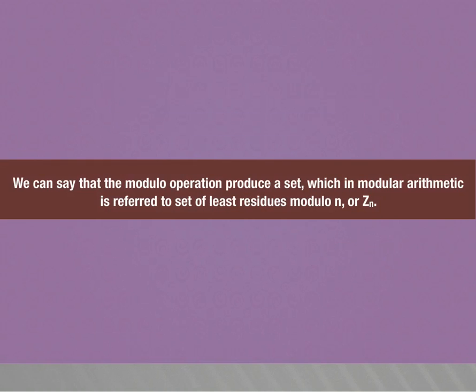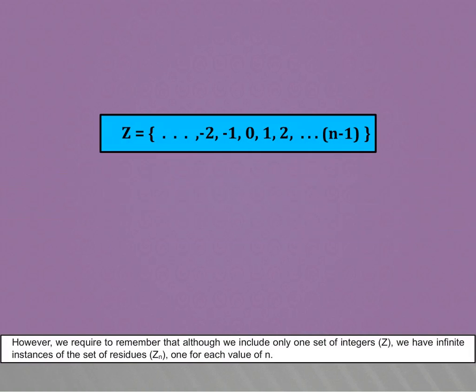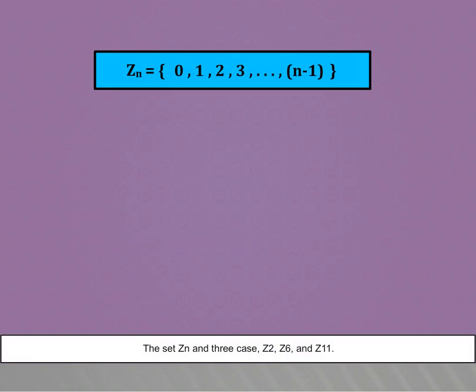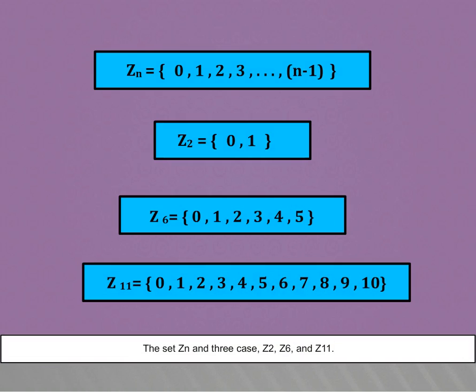We can say that the modulo operation produces a set which in modular arithmetic is referred to as the set of least residues modulo n, or Zn. However, we need to remember that although we have only one set of integers Z, we have infinite instances of the set of residues Zn, one for each value of n. The set is Zn, and three cases: Z2, Z6 and Z11.